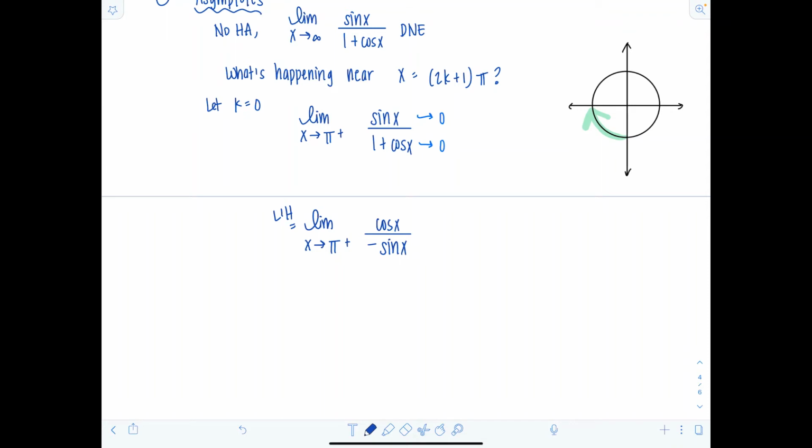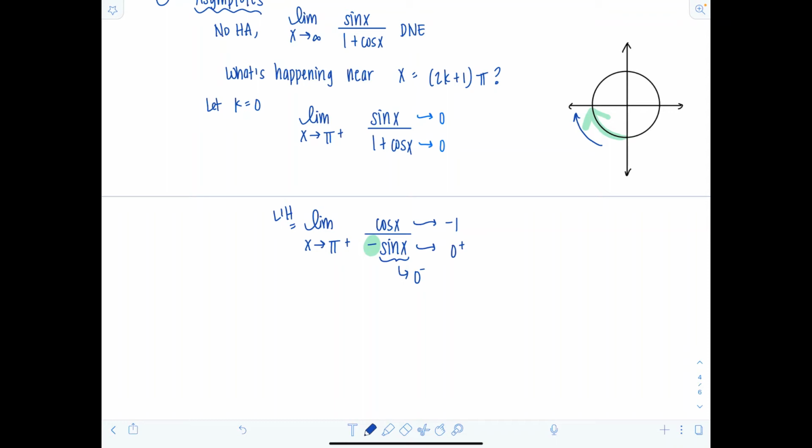So as x approaches pi from the right, that means cosine of x is approaching -1, and then negative sine of x. So sine of x is approaching 0 through negative values, but then I have this other negative in front of it. So the denominator is approaching 0 through positive values.